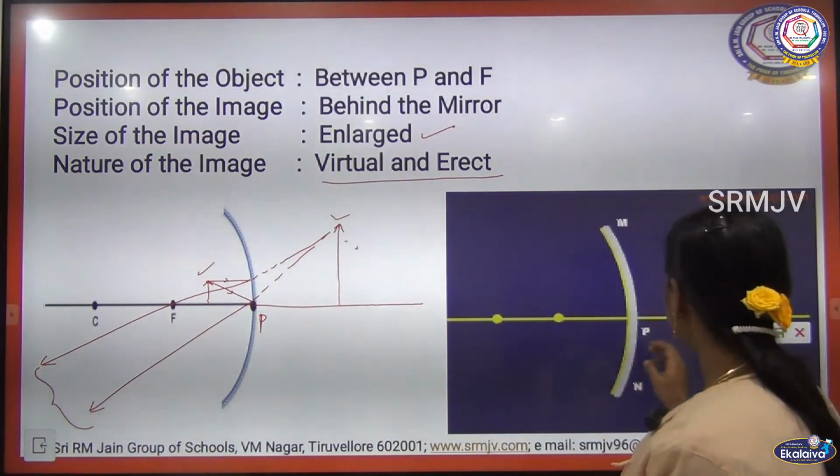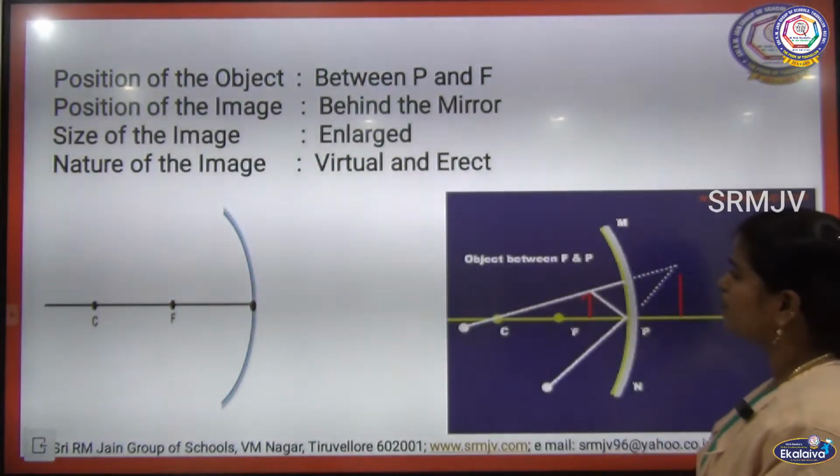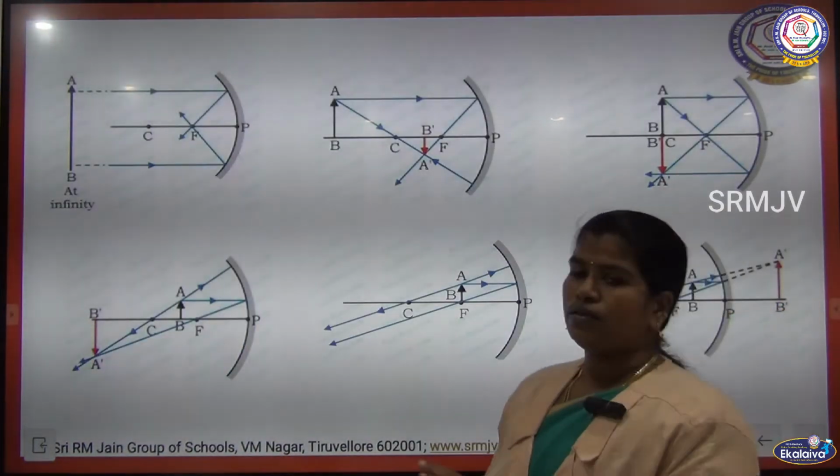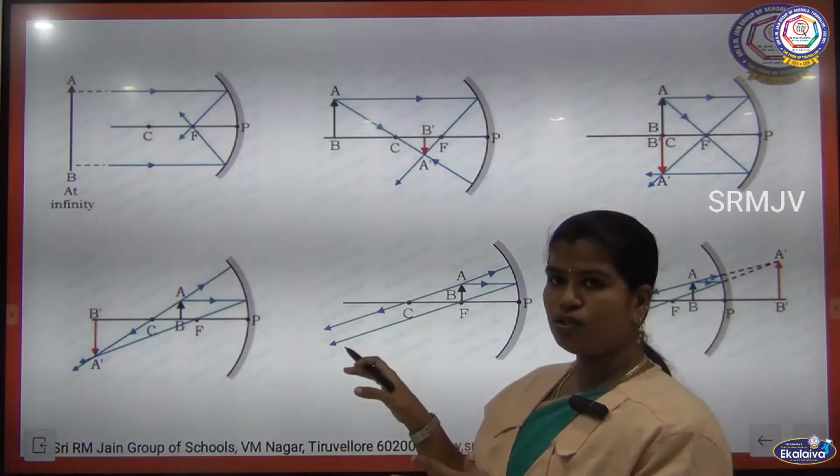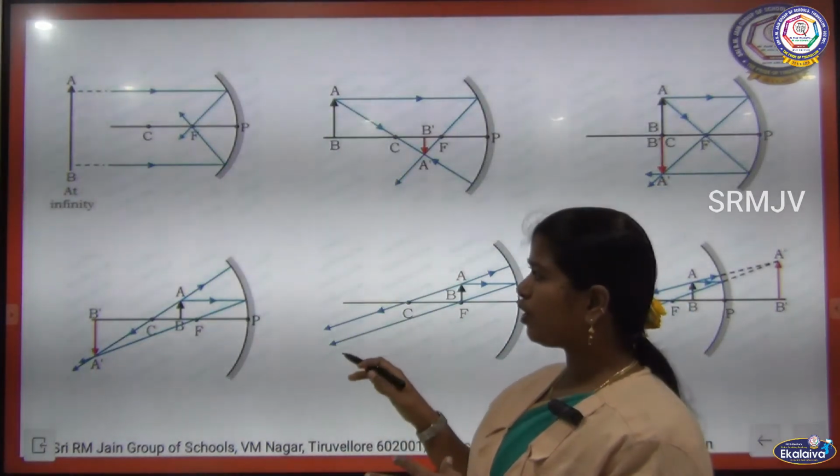Now let me tell you how to remember this one. Here I have compiled all the positions of the object.